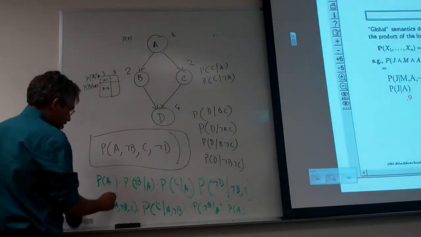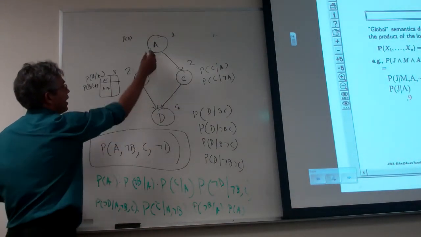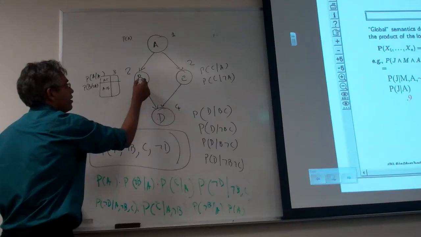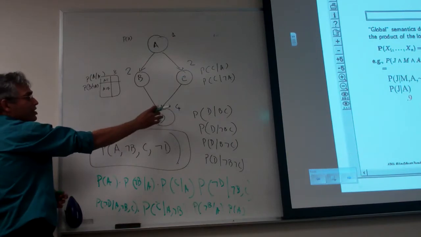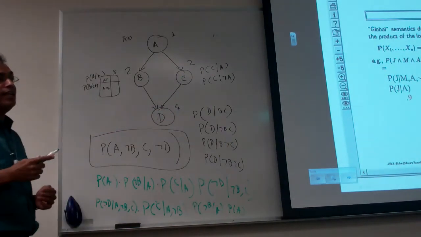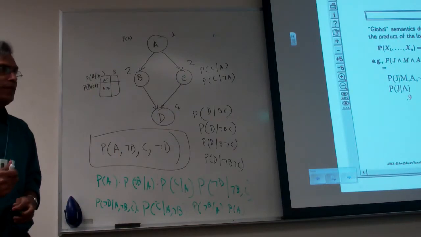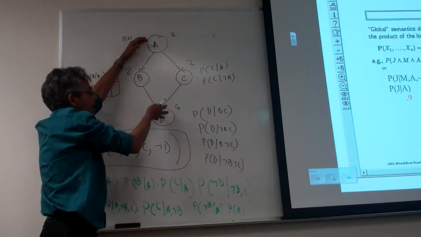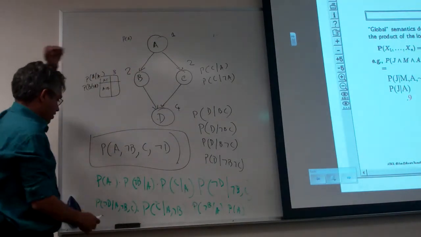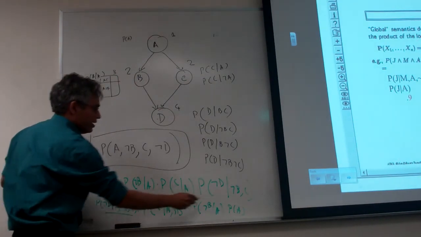And when you did this, not D given A, not B and C is just not D given not B and C, because every node is conditionally independent of its non-descendants given its immediate parents. Okay, so A is a non-descendant, and if I give you the immediate parents, then A doesn't affect D. That's the point.